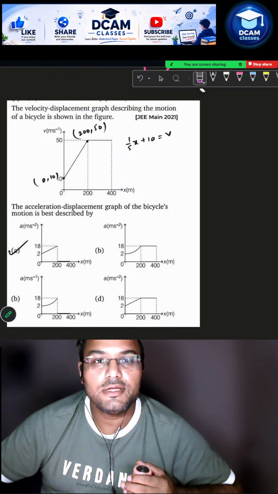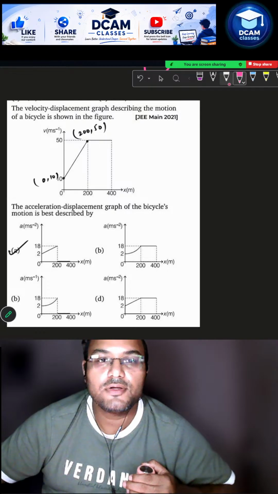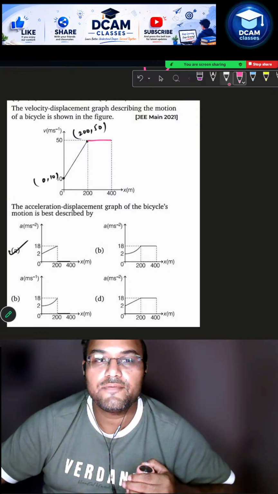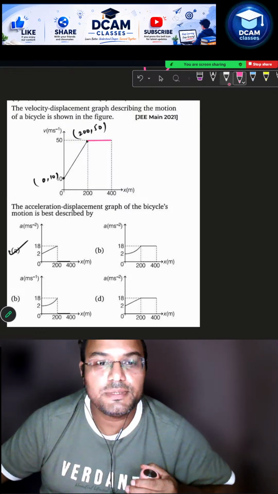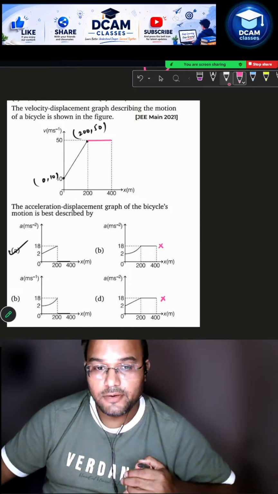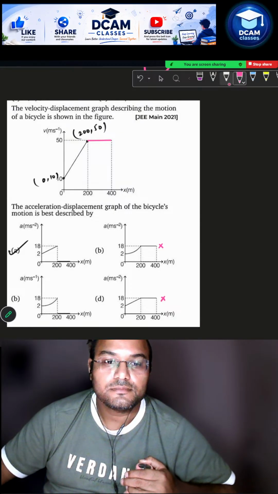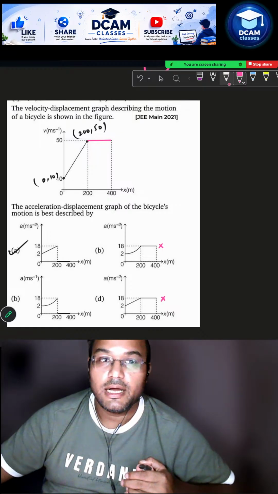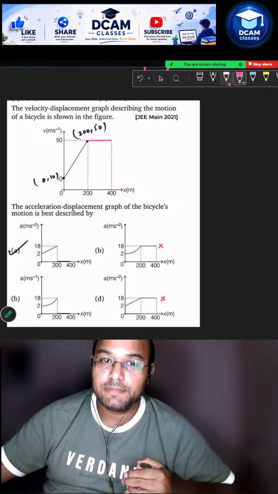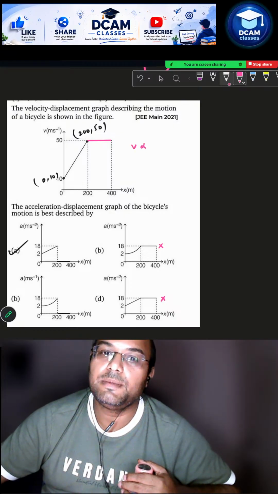So you will find the equation, then you will do it. But the second one is easy because the velocity is constant for every displacement. So the acceleration would be 0. And then you can cancel these two out, and only graphs A and B would be there. Now, for the velocity displacement graph, because it is a straight line, velocity would be proportional to x.